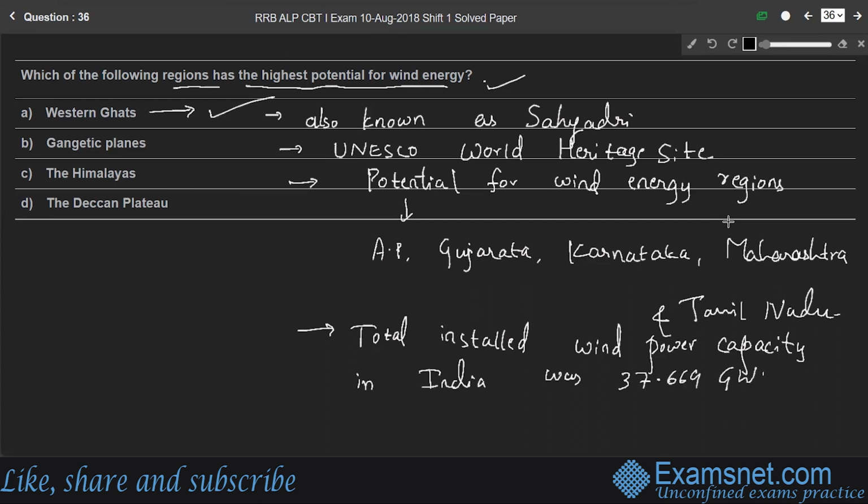This is the 4th largest installed wind power capacity in the world. Therefore, for the given question, the Western Ghat region has the highest potential for wind energy.